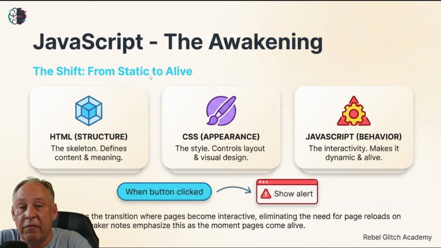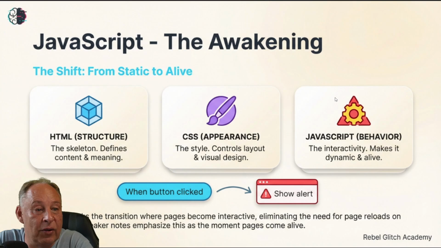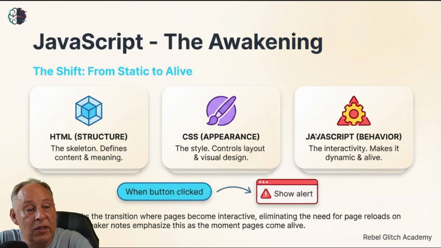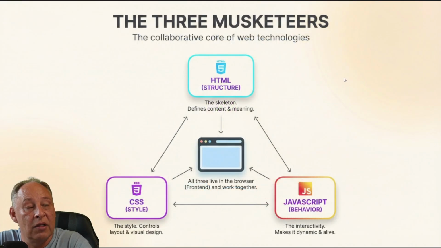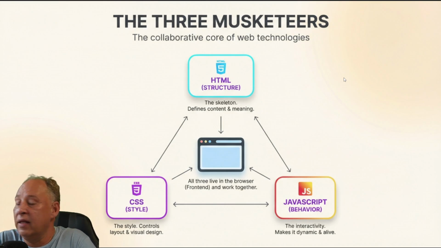You can have little gears like this one rotating. You can have this word JavaScript fade in and out and things like that. We will do that soon, but the Three Musketeers then ended up with JavaScript that has some behavioral advantages.